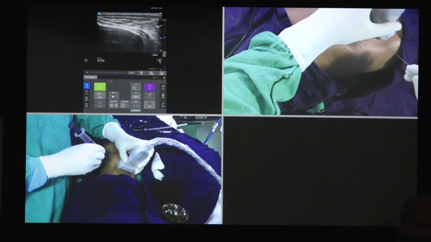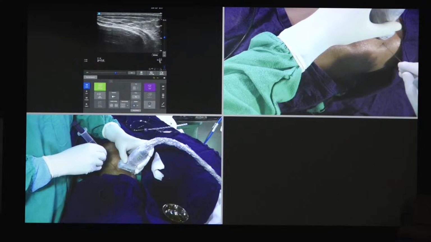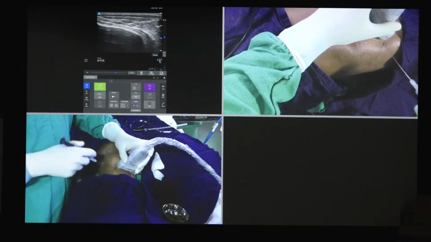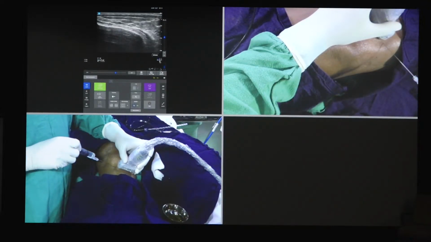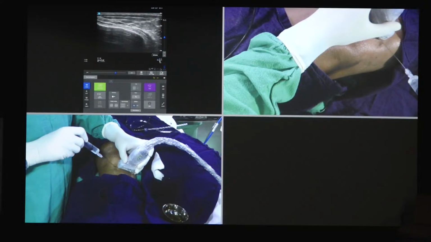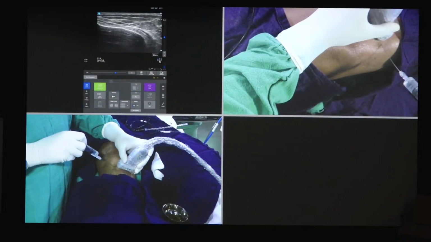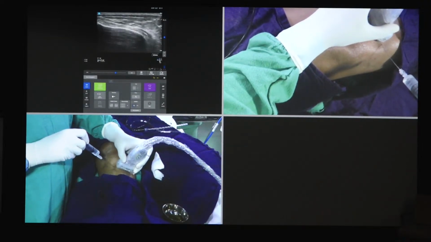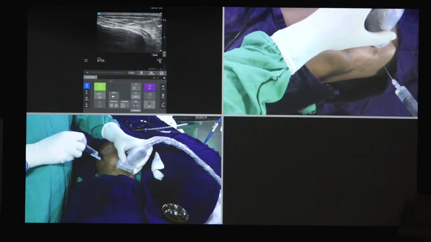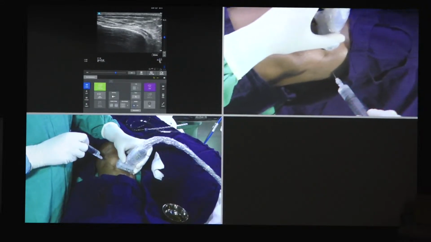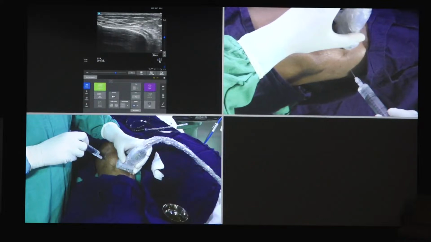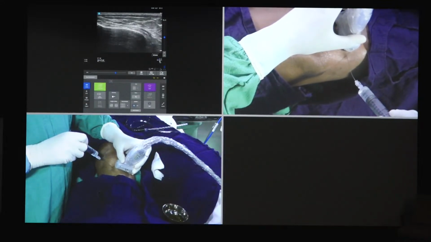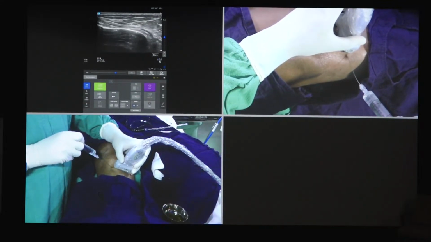So I'm just giving some local anesthesia now. So there is my needle coming in. So I'm giving again 1% local anesthetic. So make sure you're not in the vessel when you give the local anesthesia.